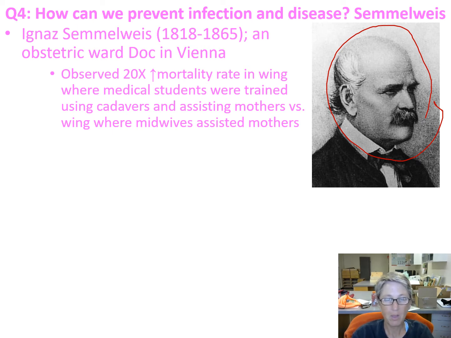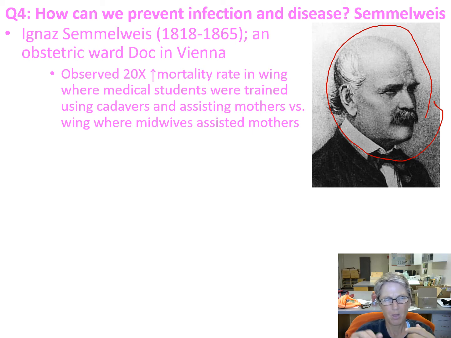So they go into the cadaver room, they cut the cadavers up, look at the tissues of the cadaver, and then without washing their hands, they would go into the birthing wing where midwives were assisting mothers with birth.